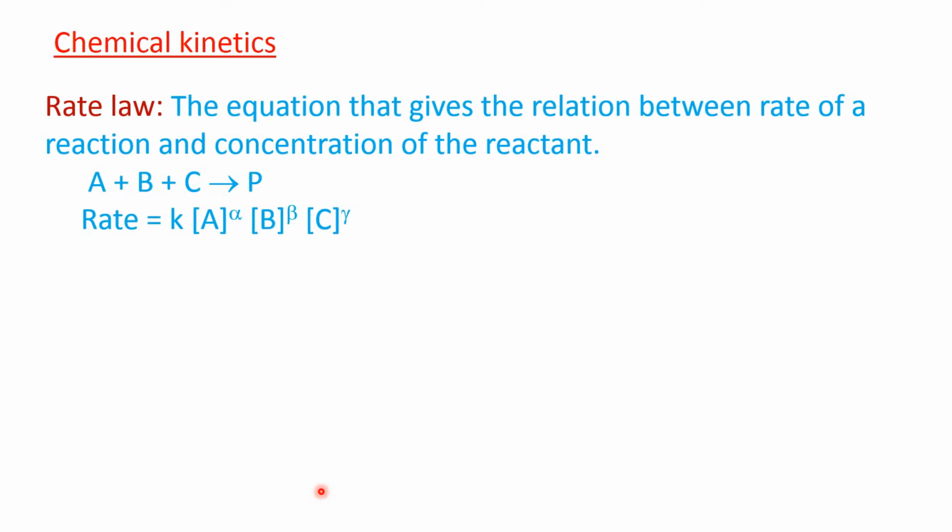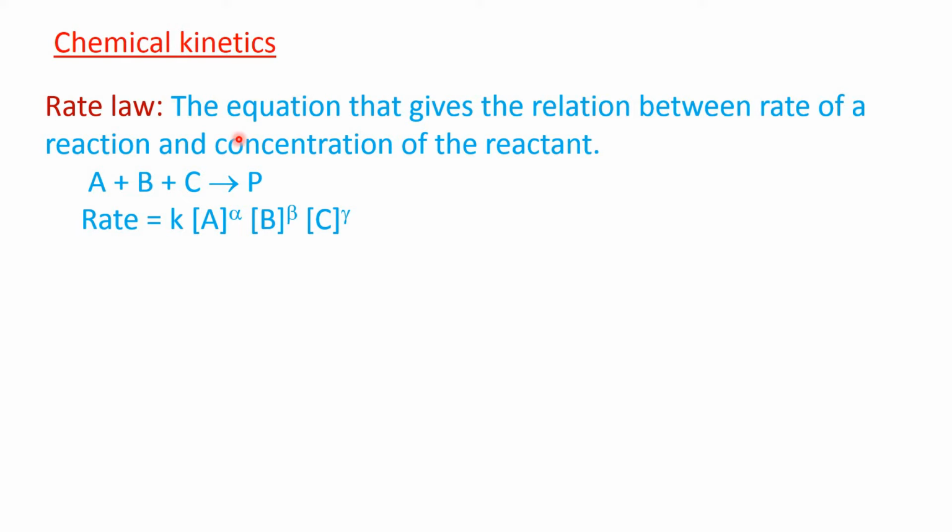Now, coming to rate law. See, the rate of the reaction depends on the concentration of the reactant, because rate is nothing but the change of concentration of reactant or product. So there is an equation which relates the rate with the concentration of the reactant.